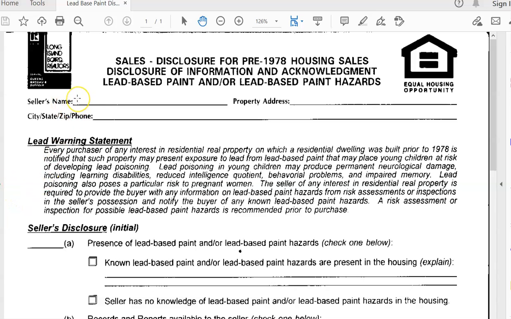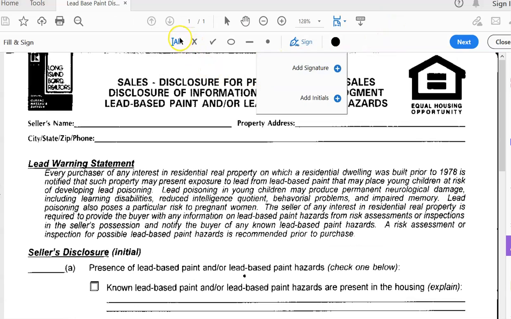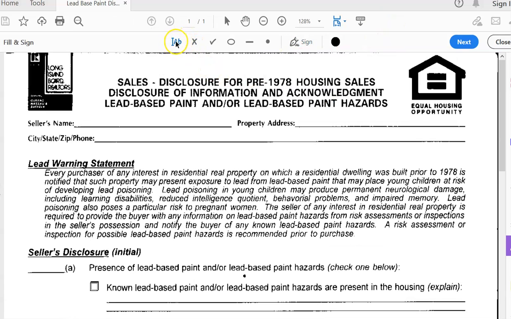So when taking a listing, if the house was built prior to 1978, then you would have to fill one of these out. You put the seller's name right here. Let's put David Jones.